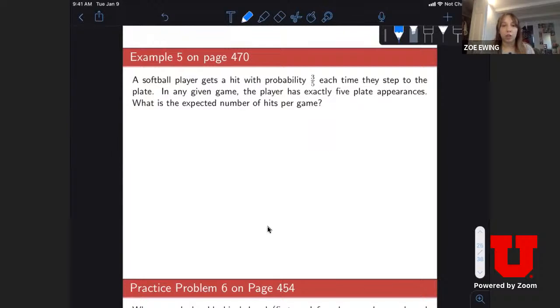If you have 5 trials, each of them independent of each other, then we can calculate the expected value, because essentially the expected value is the number of trials times the probability of a success. So in this case, since we already have the probability and the number of trials, we don't need to calculate anything else. We can just plug in. How many trials do we have?